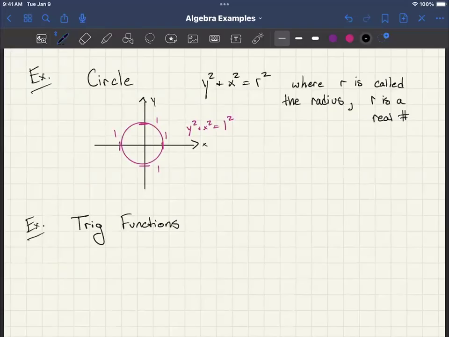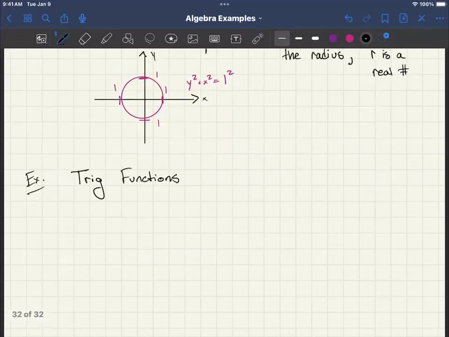Trig functions are essential. They're super important if you're going to be an engineer, if you're going to work with like bridges, stuff like that. You want to know how some of this works. Let's go through, actually, there are two that I want to show you. The first one is our sine of x function.